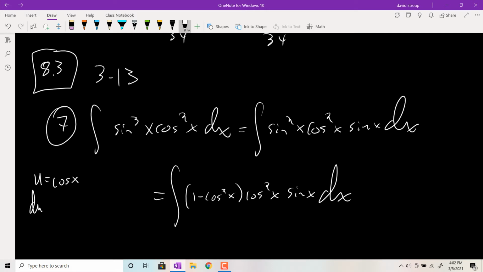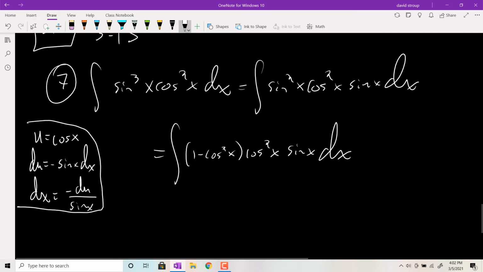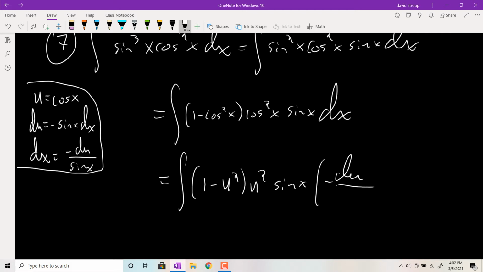Okay? And then du is negative sine x dx. And of course, dx is negative du over sine x. Okay. So I'm going to zip through here and replace. So I get 1 minus u squared times sine x times negative du over sine x.